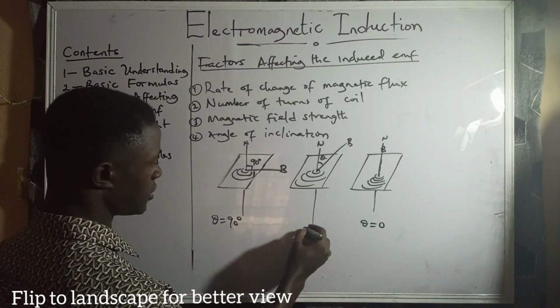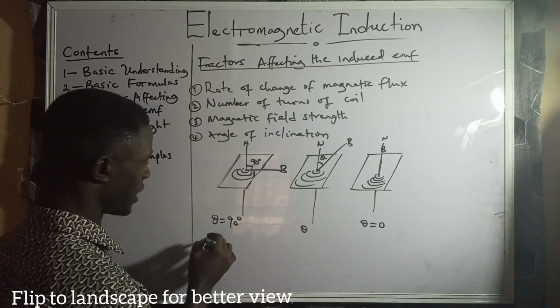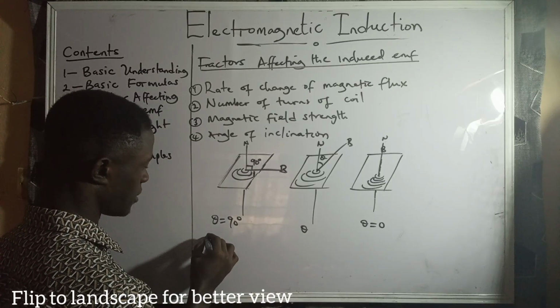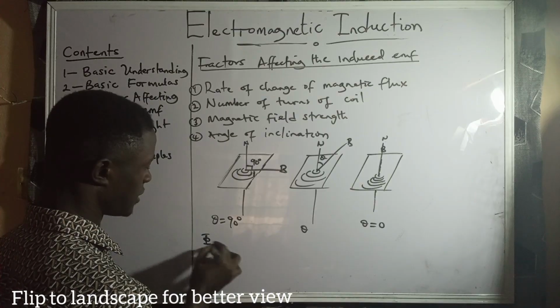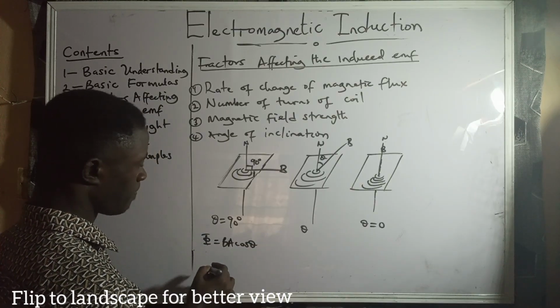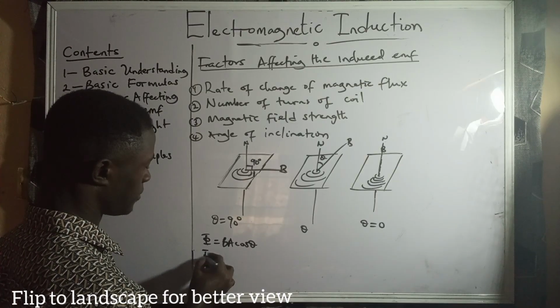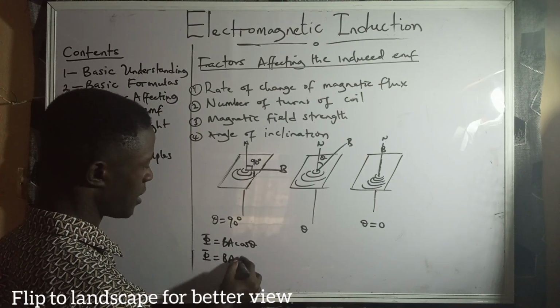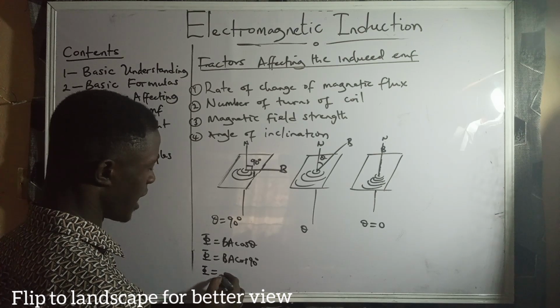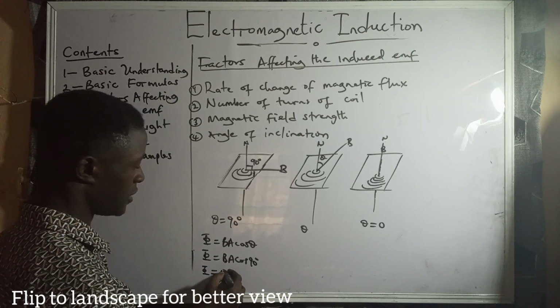Now this is our theta here. This will affect our magnetic flux. Remember, magnetic flux is BA cos theta, and BA cos 90 will give us 0. So there will not be any magnetic flux here. This one will be 0.